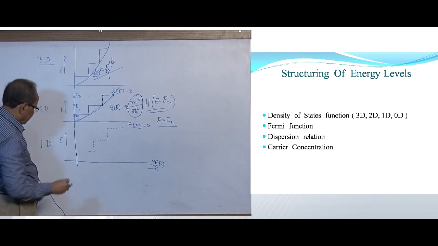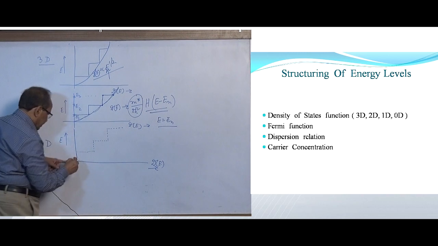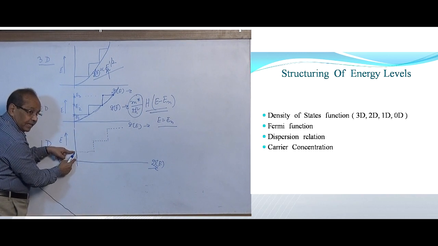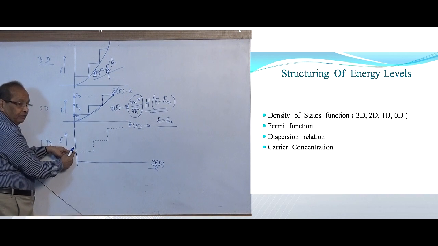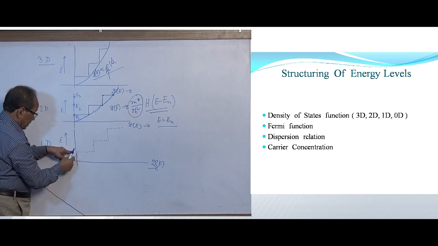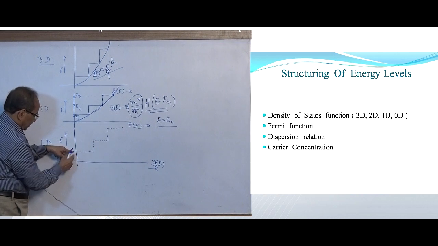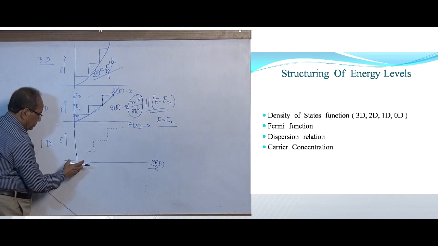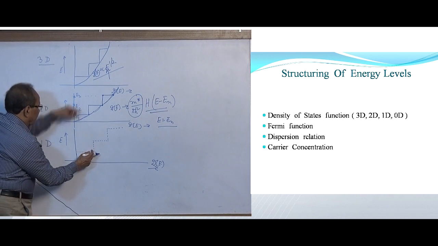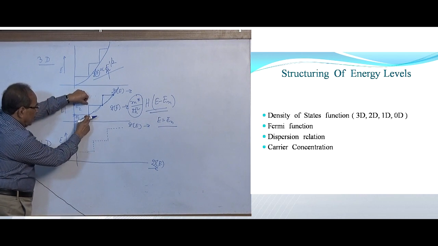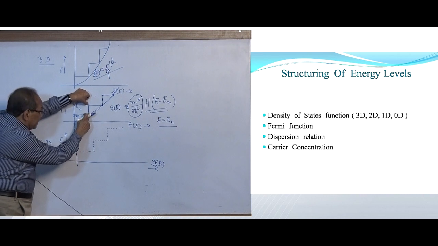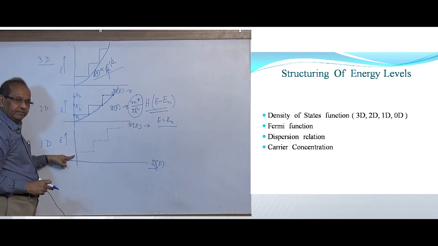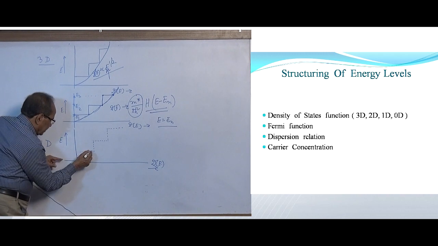In 1D you see, below this there is no density of states, but when we arrive at some value, not necessarily this value, another E dash, it goes to a very high value, right? So here when it reaches a high value in 2D, it maintains the same value of the density, but in 1D it does not maintain that.